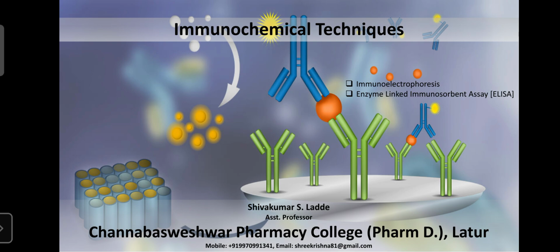By targeting that color you can get a diagnostic kit. Next time, when you collect the patient's serum directly and put the antibody in your reaction, if the patient has the disease, the color is produced. If the color is produced, the patient is suffering from that particular disease. If the color is not produced, the result is negative, which indicates the person is not suffering from that kind of disease.